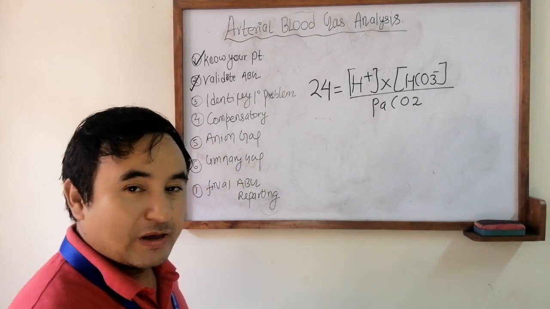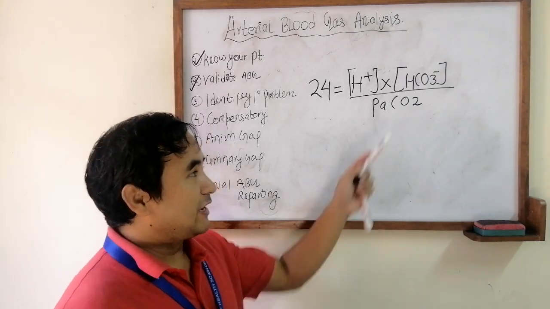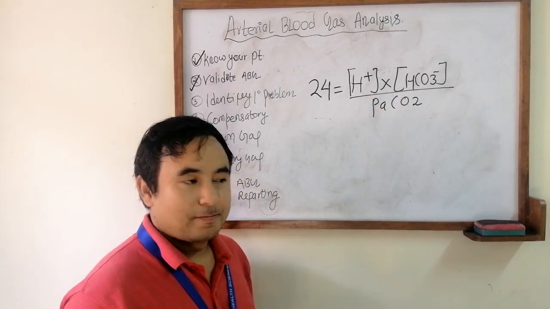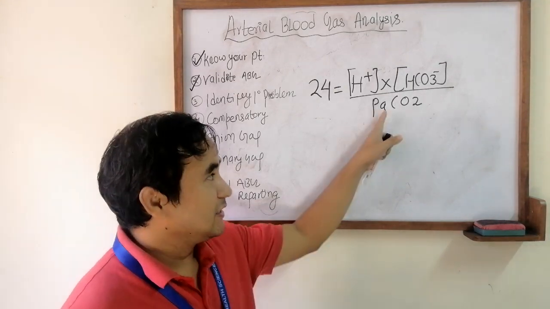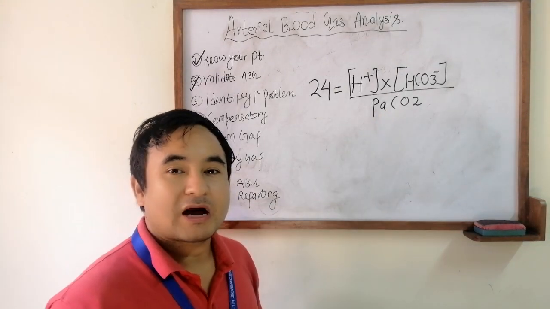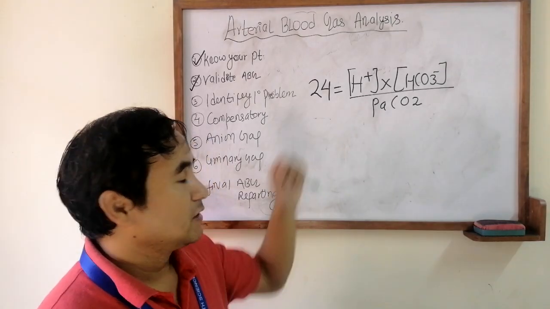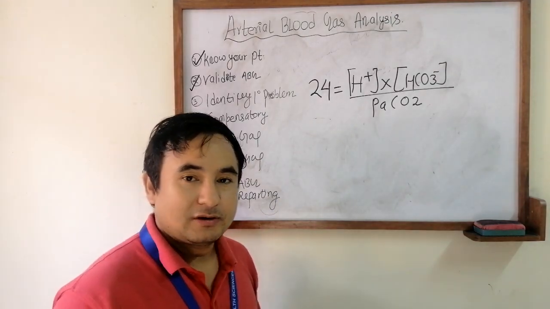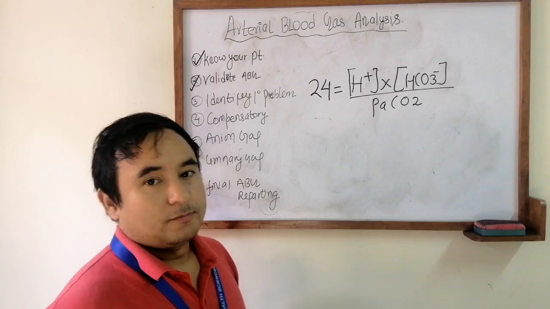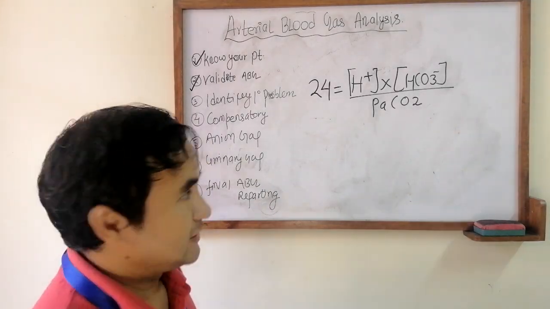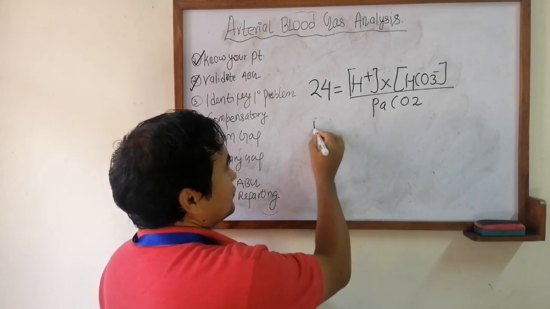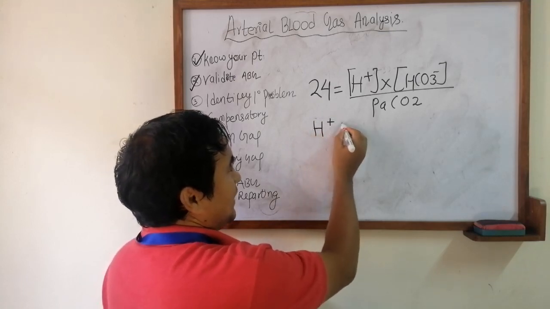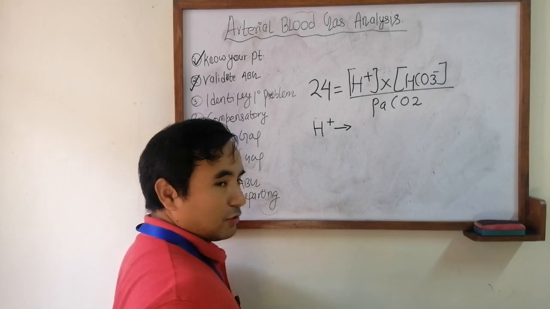In the ABG report, we can easily get the bicarbonate concentration and the partial pressure of carbon dioxide, but it's difficult to get the hydrogen ion concentration. So what is the shortcut formula for getting the hydrogen ion concentration? I am going to tell you a very simple formula.